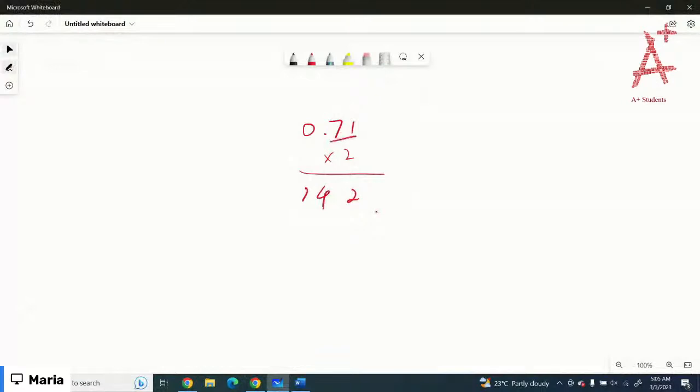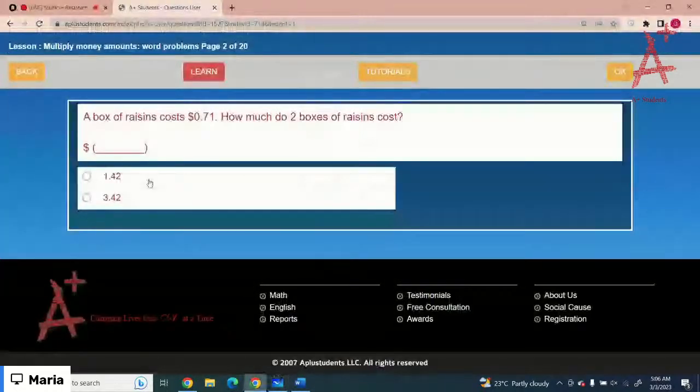Here you have two decimal places, so move decimal point two places left from here to here. It would be 1.42. Got it, everyone? So the correct option is 1.42. Just select the correct option and click on the OK button.